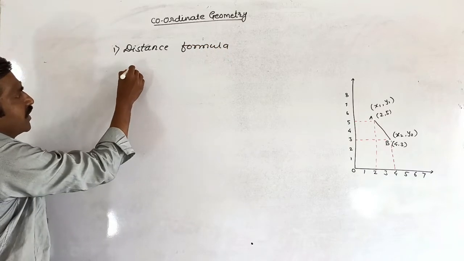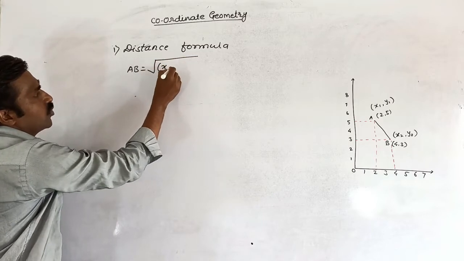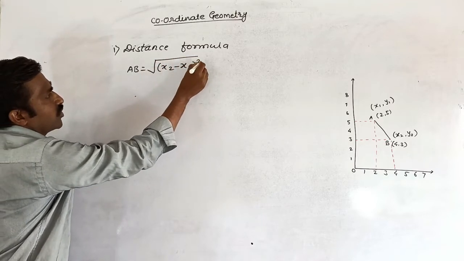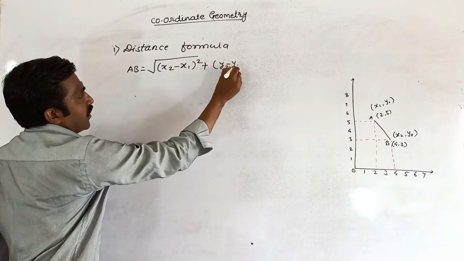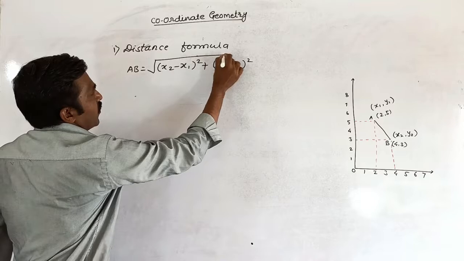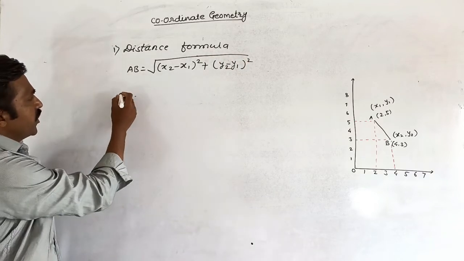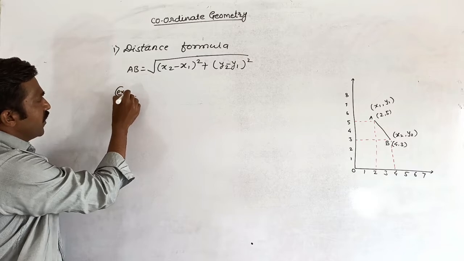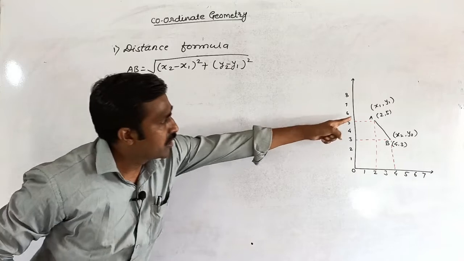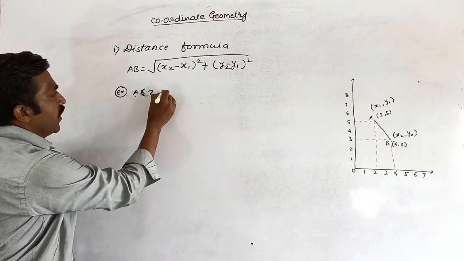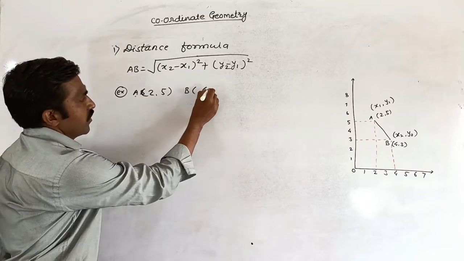The distance formula is: AB is equal to the square root of (x2 minus x1) whole square plus (y2 minus y1) whole square. That is the distance formula. Okay, so for the example, the coordinate of A is (2, 5) and the coordinate of B is (4, 3).